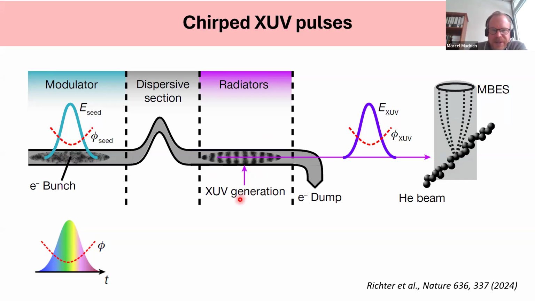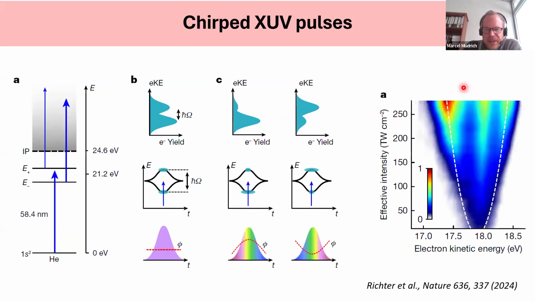And to test how well the chirp of the seed pulse actually translates into a chirped XUV pulse, we then performed an experiment where these chirped XUV pulses were focused onto helium atoms as a very simple test system, where the helium atoms were then photoionized, and we measured the electron spectrum of the emitted photoelectrons from helium.